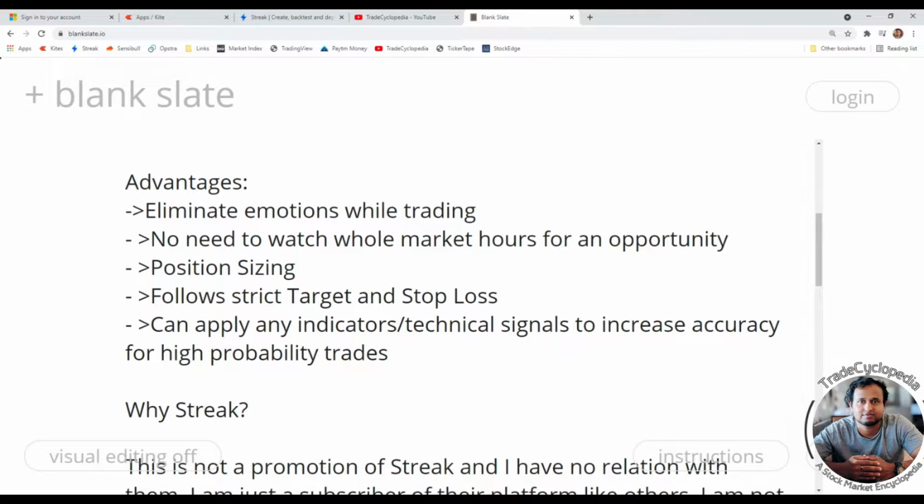You really don't need to plot all these indicators on the chart. You can just specify them in your strategy, and the system will automatically consider all these technical indicators or parameters you have specified, and it will take an entry based on that. I'll also be explaining that while creating strategies and plotting more indicators, so you will come to know about it.